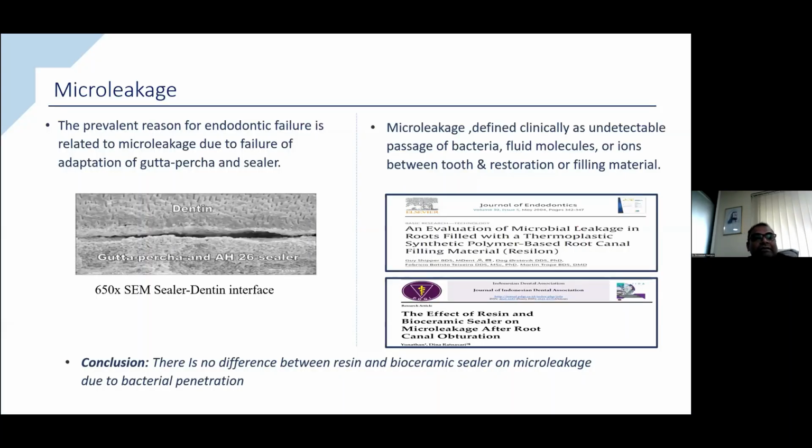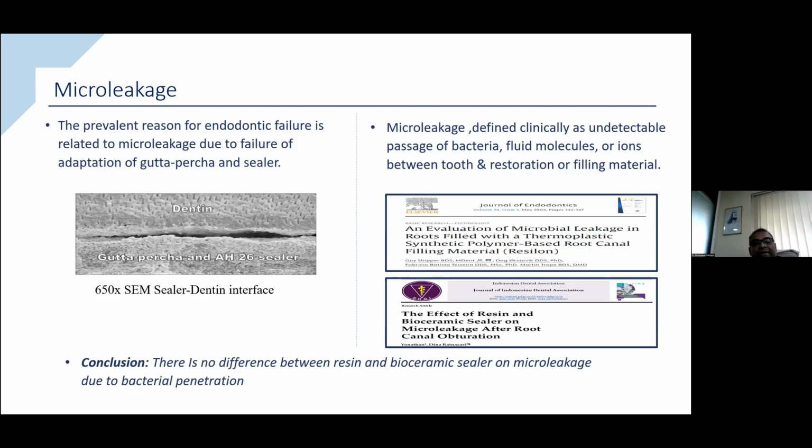So, let's start with microleakage. Now, the prevalent reason for endodontic failure is related to microleakage due to the failure of adaptation of gutta percha and the sealer, or even for that matter, dentine.